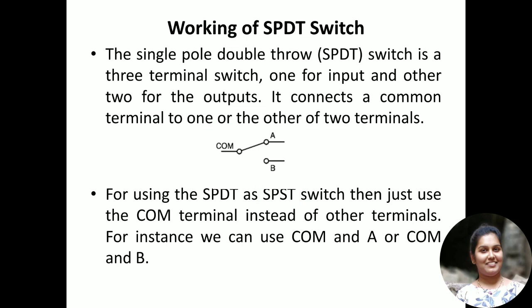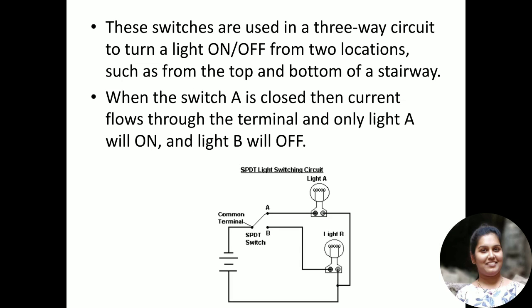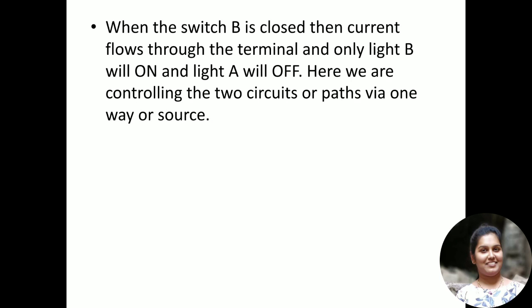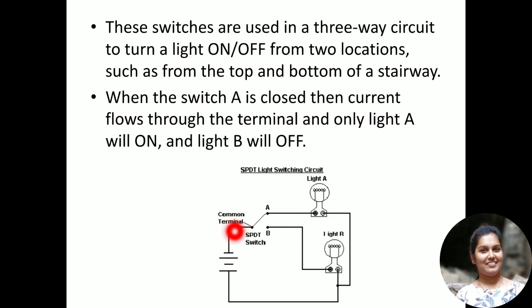Okay. Now we'll see one diagram which is very much similar to the previous one, that is the SPDT connection light switching circuit. So here I have used a single pole double throw switch.